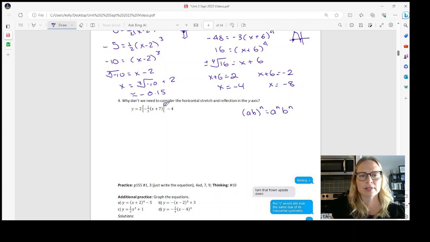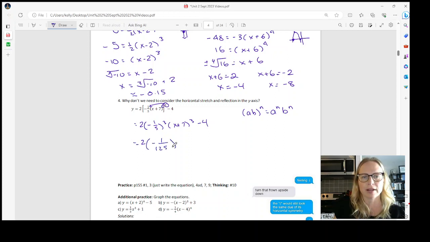But what I can do is I can put this 3 on that bracket and on this number, on our k value. And then negative 1/5 cubed is just negative 1 over 125. And then I can just combine these two, so it's negative 2 over 125 (x plus 7) cubed minus 4.